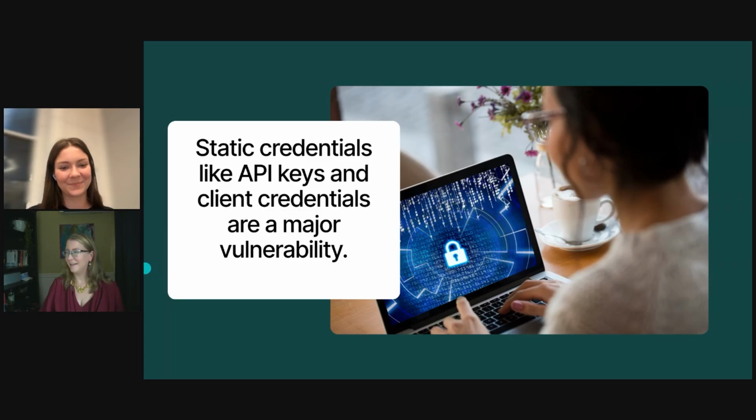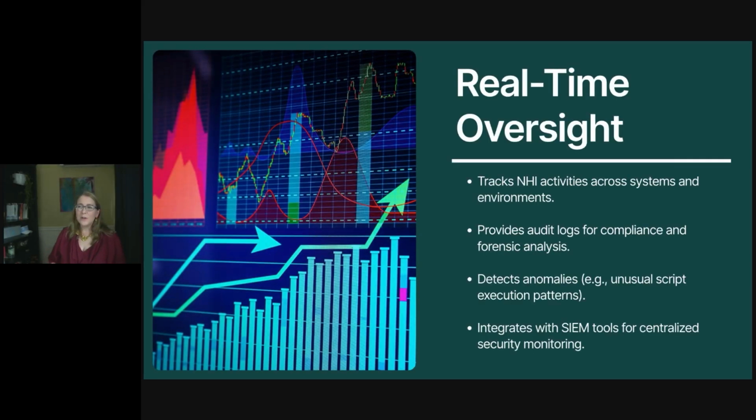Okay. So the last thing I want to talk about is how you have oversight over non-human identities. We talked before about how most people do have logging and alerting of humans at this point, but they are not tracking what their non-human identities and their service accounts are doing in their environments. And so Beyond Identity will track every time a non-human identity authenticates, and how it was authorized, exactly what policies allowed it to do the thing that it did, and exactly what its security posture was at the time that it did that.